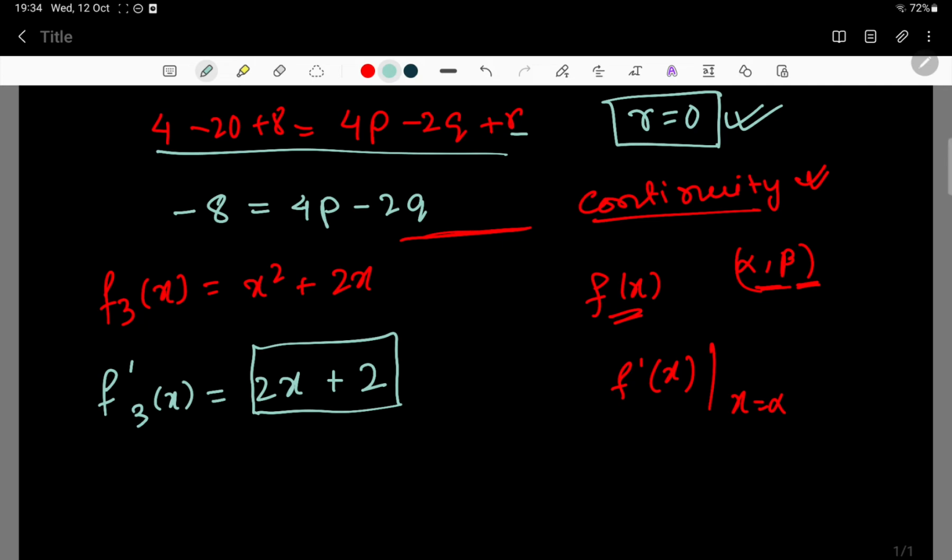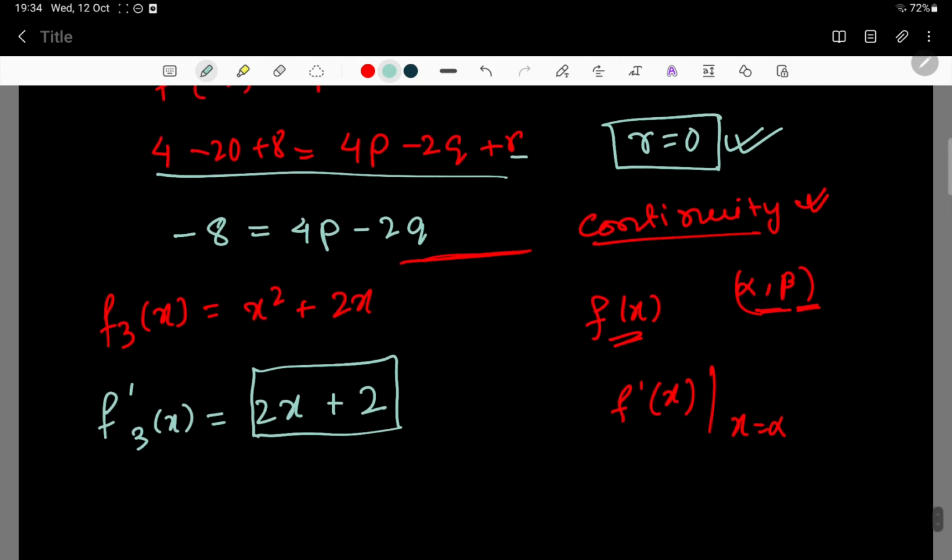Now we do not know where the line L is touching the graph f3 or f2 or f1.